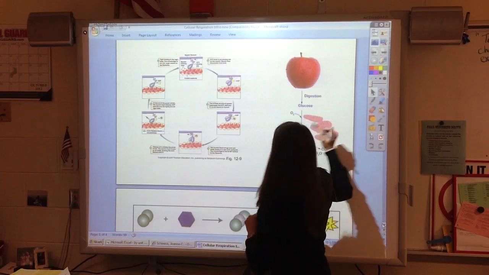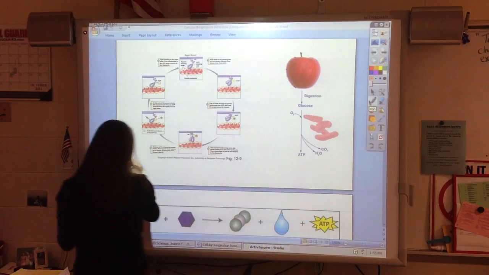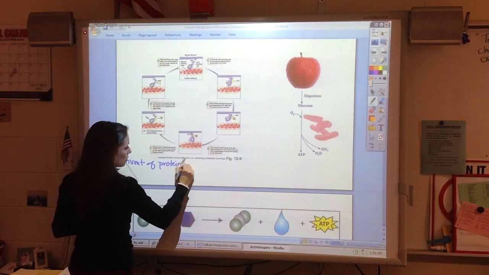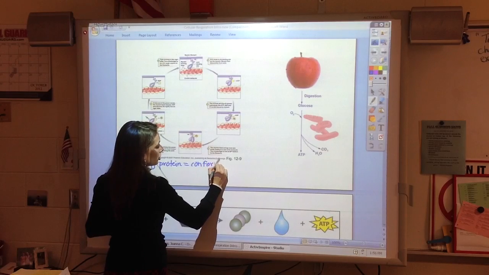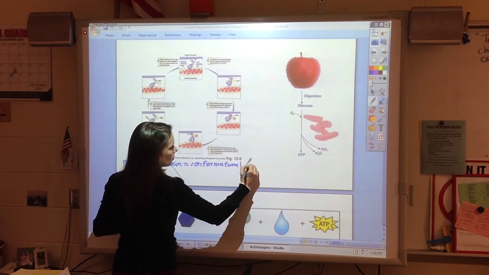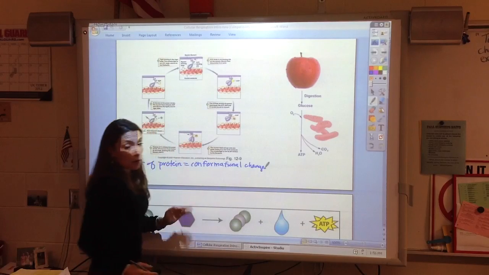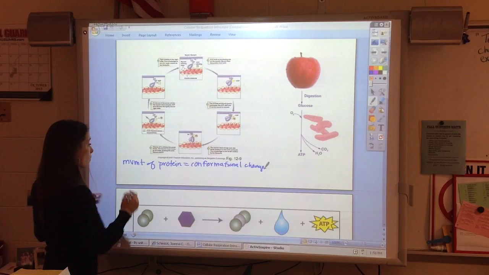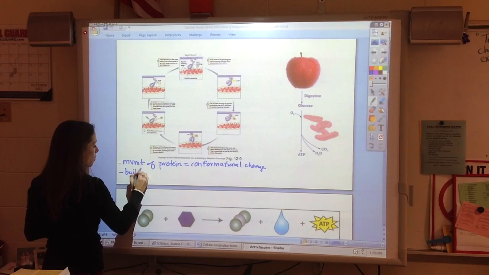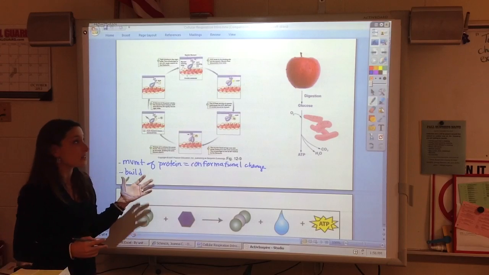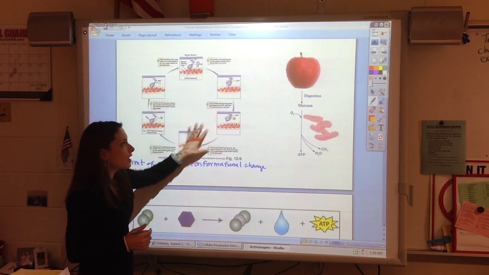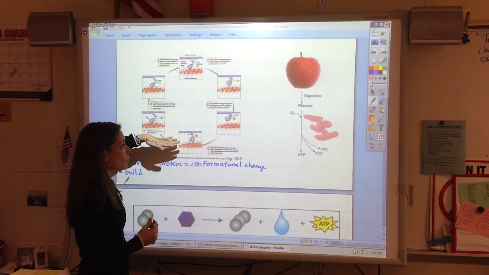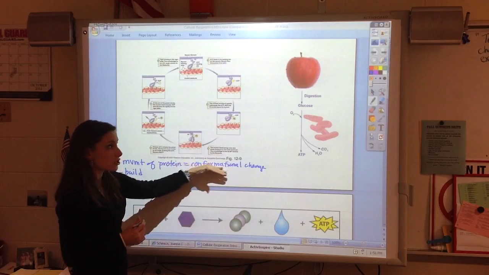And most of the work that we're going to be doing is movement of a protein, which we know is a conformational change. So organisms are going to need energy to move things, to build things. Either movement of something, or most times when we're building, we're going to use that energy. And ATP, I know it's hard to see in this diagram, is really used to help move a molecule, that conformational change.